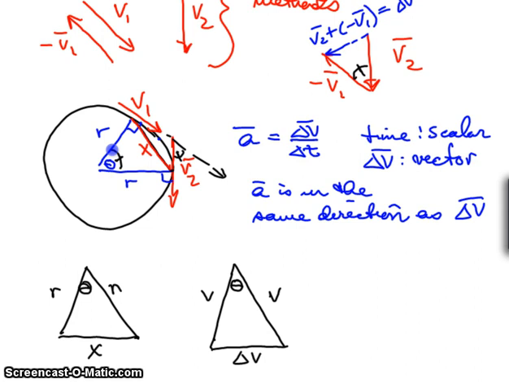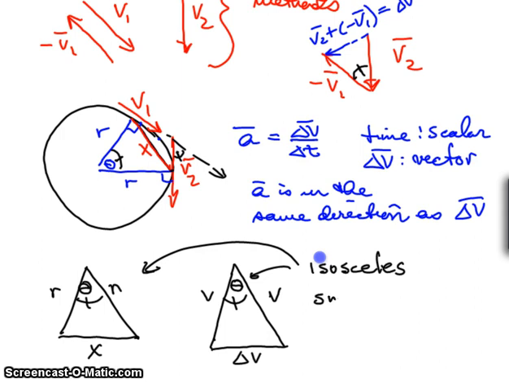They're both isosceles triangles, and the angles are the same. The angles are congruent. And if you have that, then you have what's called similar triangles.